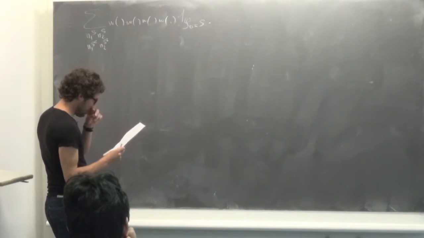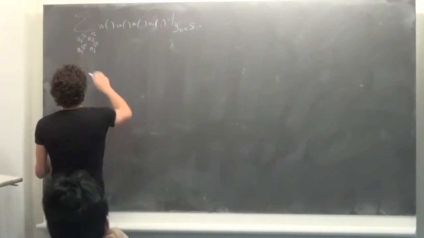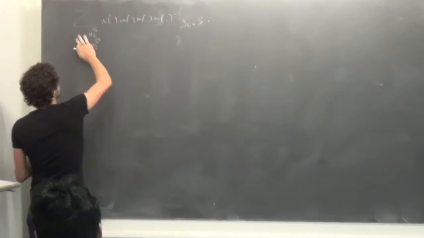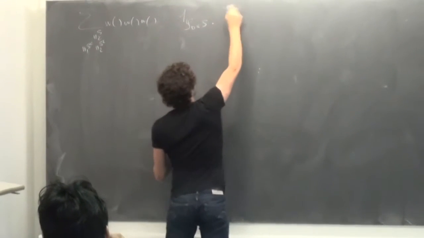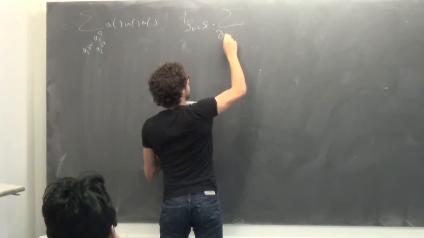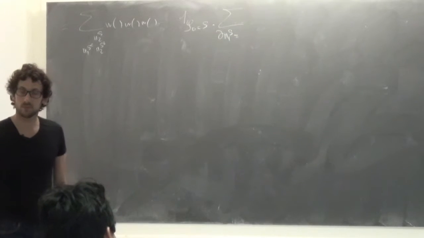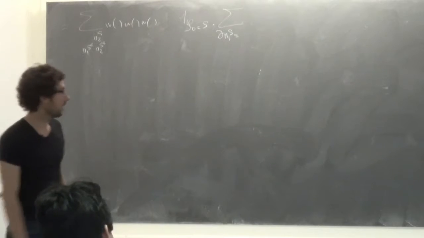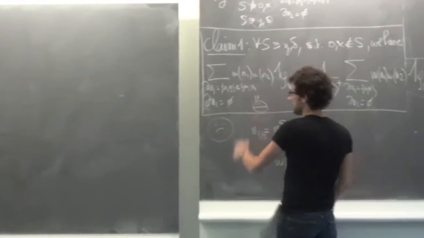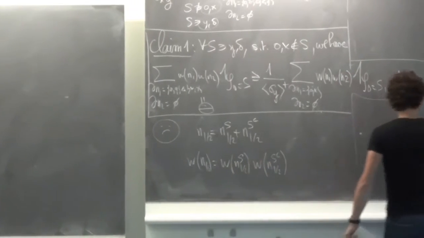So what I'm going to do, I'm going to put N1S alone. I'm going to put it here. Sum over N1S. And what are the sources of N1S? Well, N1S is a restriction of N1 to the complement, so I should not have.